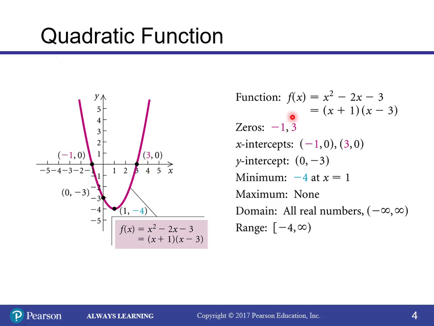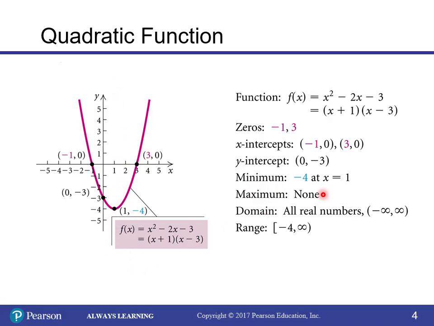Our y-intercept, if you plug 0 in for x, is at -3, so (0, -3). Since the parabola opens up, we have a minimum at -4, and this is when x equals 1. That is your axis of symmetry that cuts the parabola right in half.